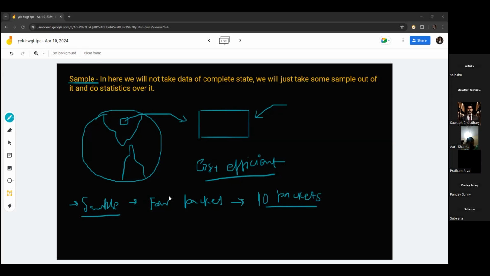Few random packets, yes, correct. Sampling.